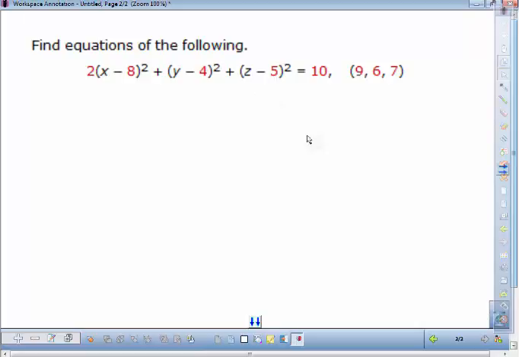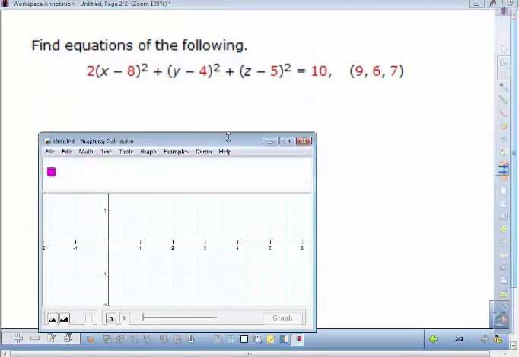So what we have here looks like it might be an ellipsoid, and we have a point that's supposed to be on this ellipsoid, and this ellipsoid is centered somewhere else. If you notice, this is an equation, not a function defined as something, and it clearly lives in 3 dimensions.